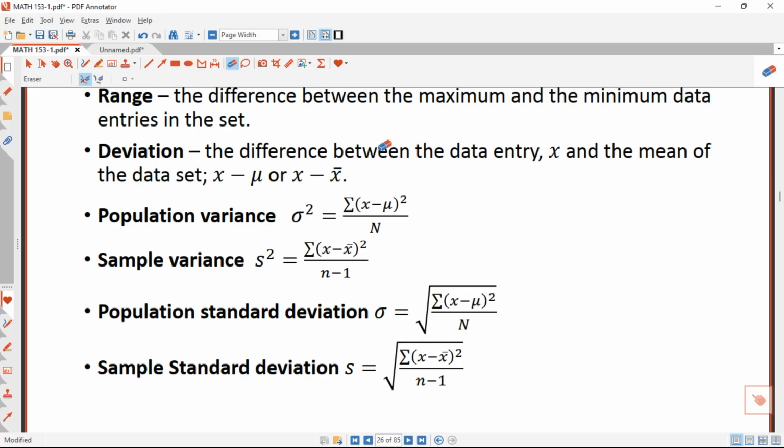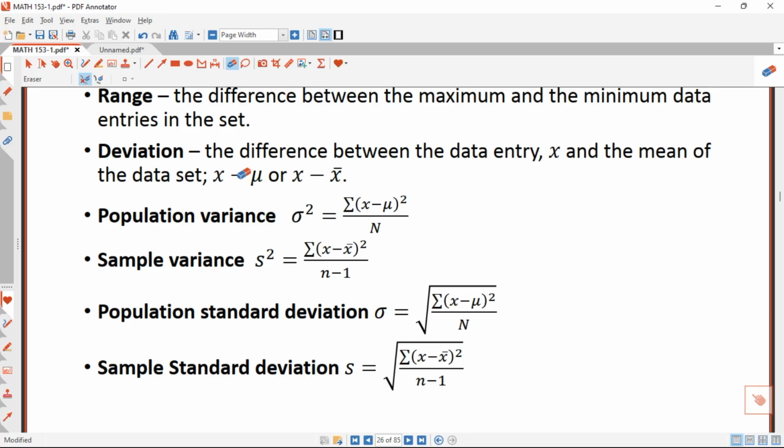And then we have what we call the deviation. The deviation is the difference between the data entry x and the mean of the data set, right? So the x will be the raw data, the individual values that we have, and then the mu is the mean of the data set.